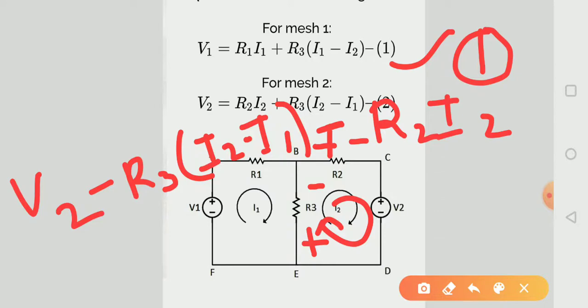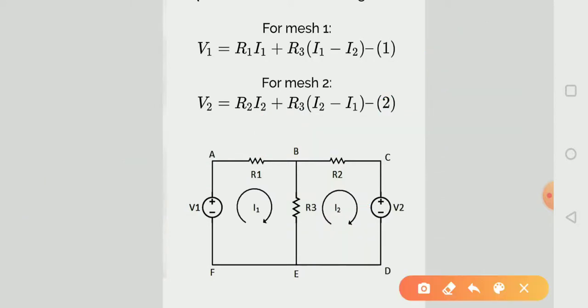We can say V2 equal to R2 into I2 plus R3 bracket open I2 minus I1.